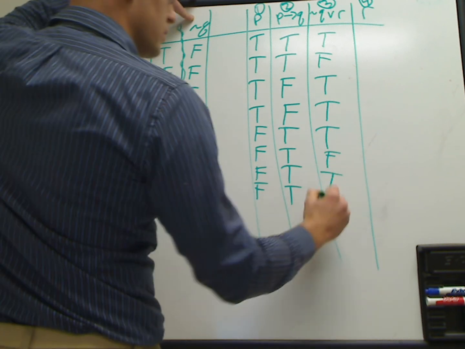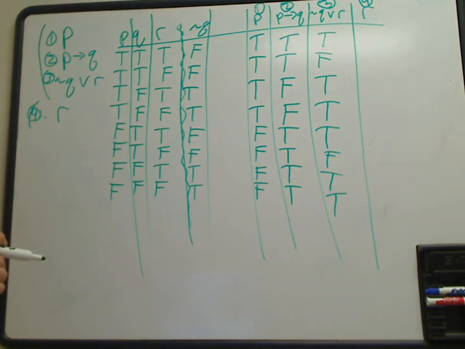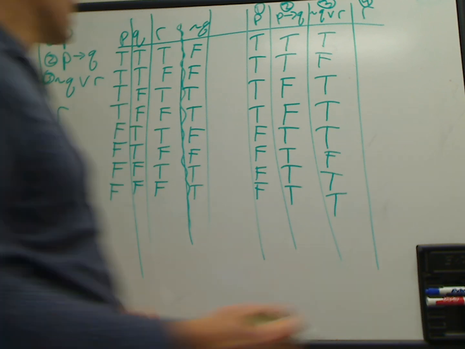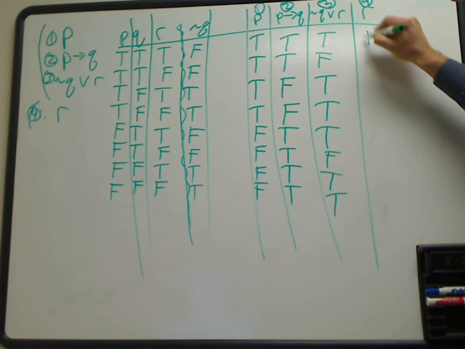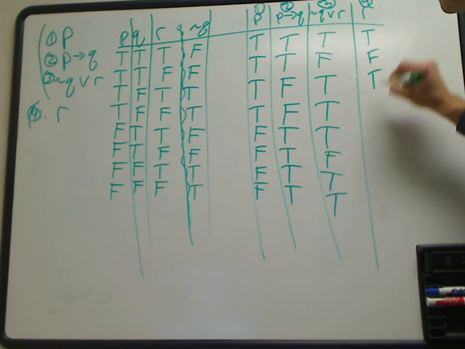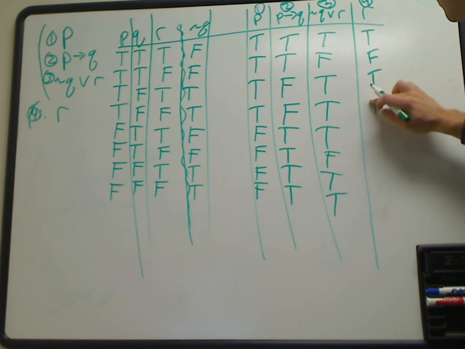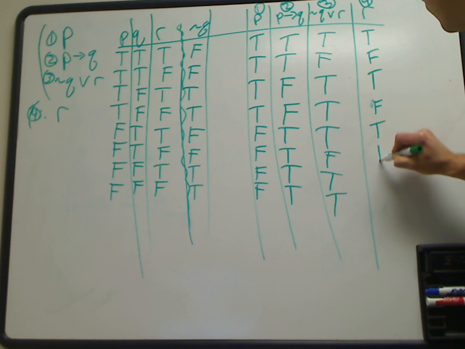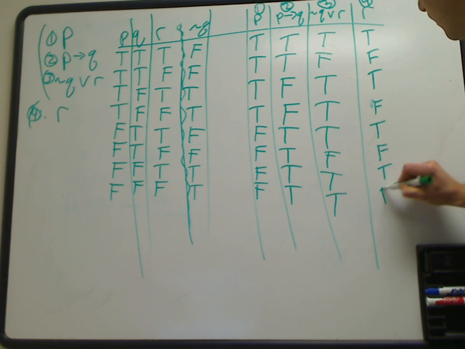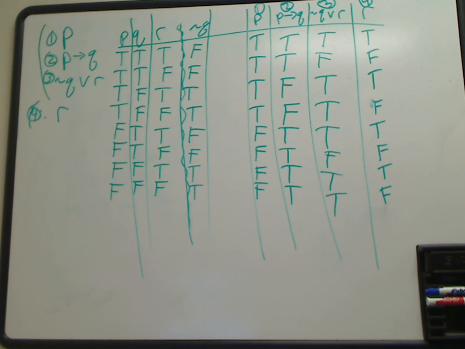False or true is true. Our last column, our conclusion, then is really just copying over our R column. So that's just true, false, true, false, true, false, true, false.